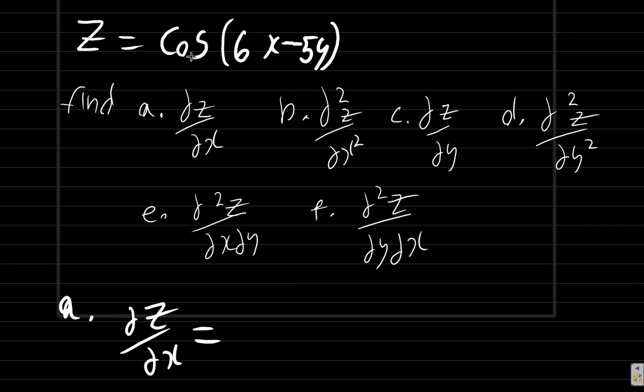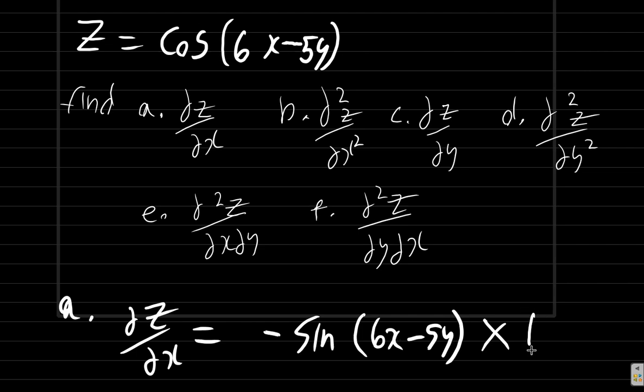Here, cos of something. When you find the derivative of the cos of something, you get the minus sine of that thing. So it's minus sine of 6x minus 5y. Now all of this is the outside function. Multiply by, we're going to differentiate the inside function with respect to x now.